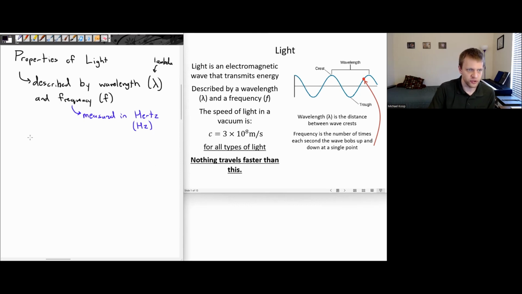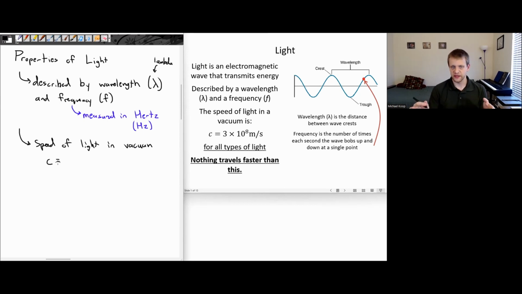Another key property of light that we're going to talk about is the speed of light. And the speed of light in a vacuum, all different kinds of light, the different wavelengths and frequencies of light that we're going to look at, if they're traveling through a vacuum, that speed of light is 3 times 10 to the 8 meters per second, or equivalently 300,000 kilometers per second.